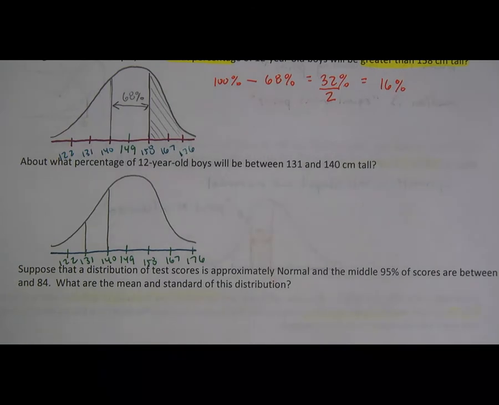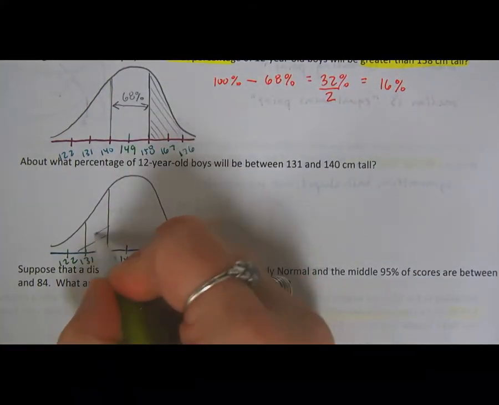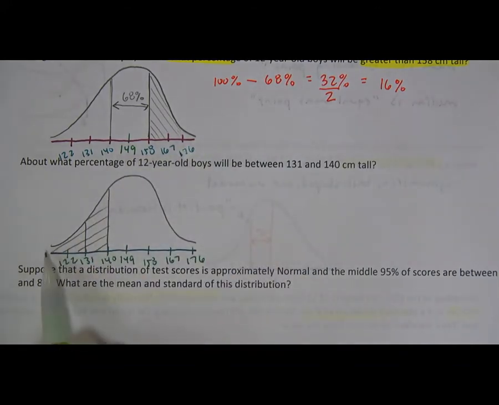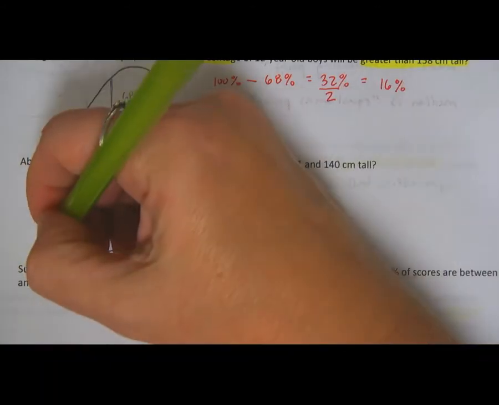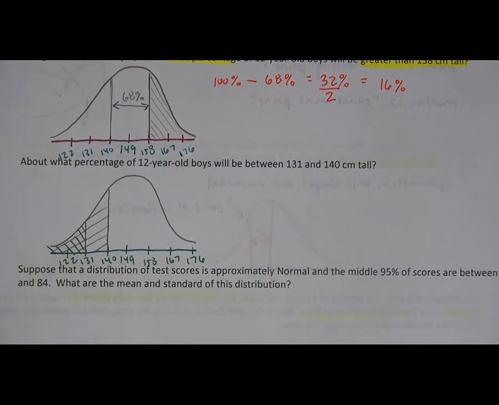What I have is the percentage of boys that are shorter than 140 centimeters, that's 140 down, and then I have boys that are shorter than 131, so I'm going to cross-hatch it the other way so you can see the difference.